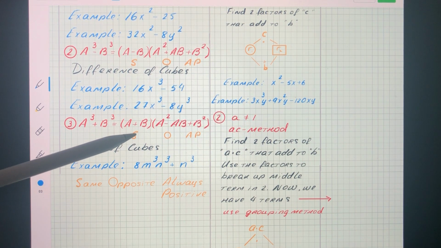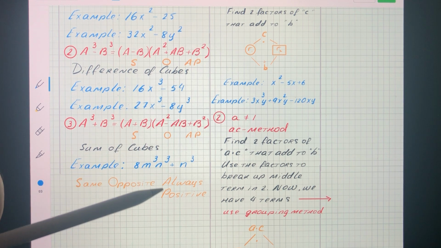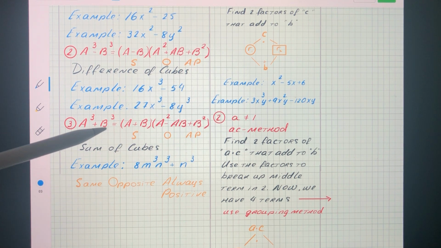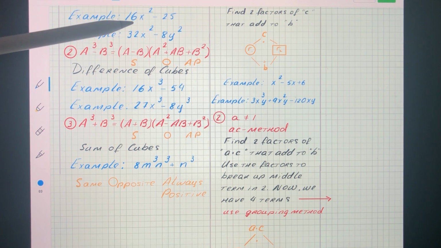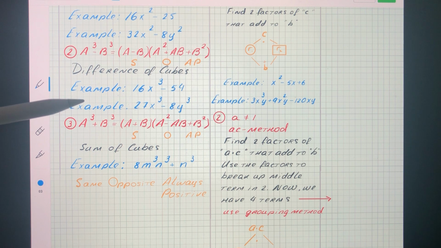S stands for the same, O for the opposite, AP always positive, and it works for remembering the signs for the difference of cubes and the sum of cubes. Both are the same. Here are some examples we can consider for practice as we look into doing it in a different note. Right now this is just an overview.